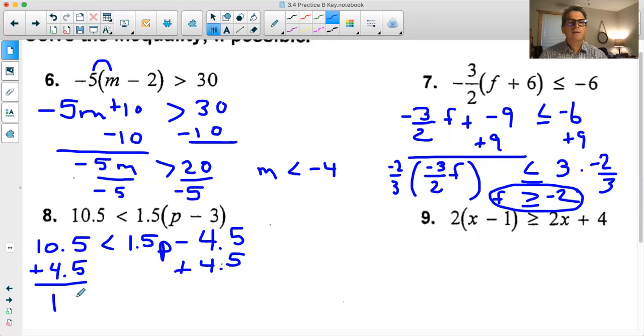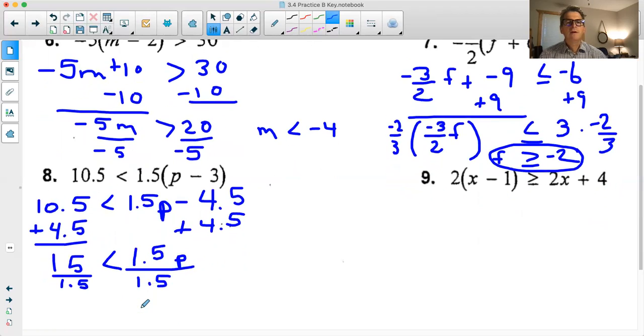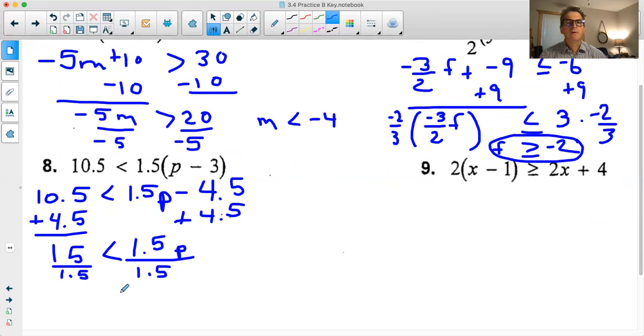You would have 15 on the left and 1.5 P on the right. Divide by 1.5. And you would have yourself P on the right. 15 divided by 1.5, I believe that would be 10. So P is greater than 10.